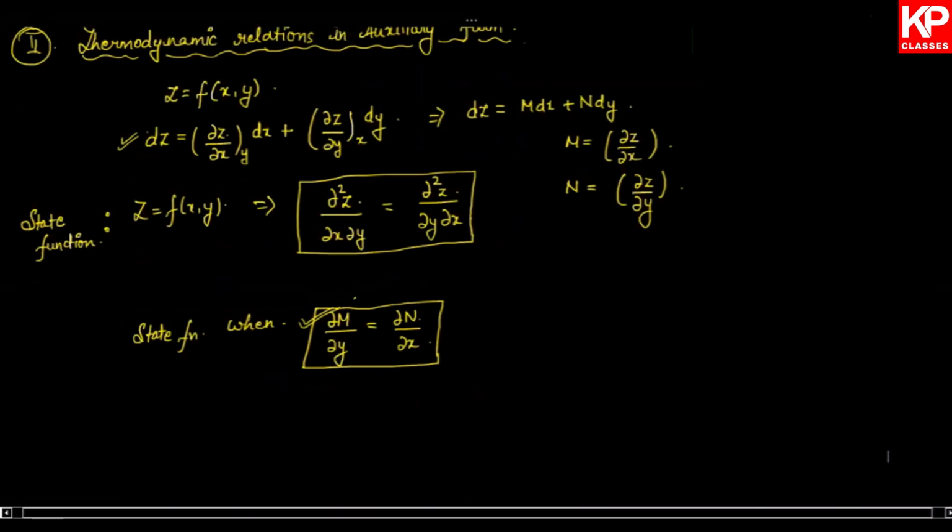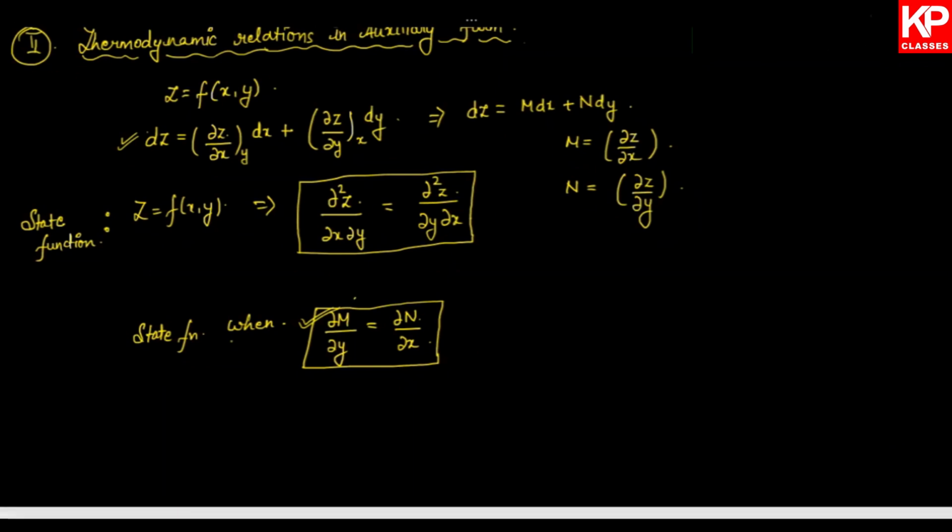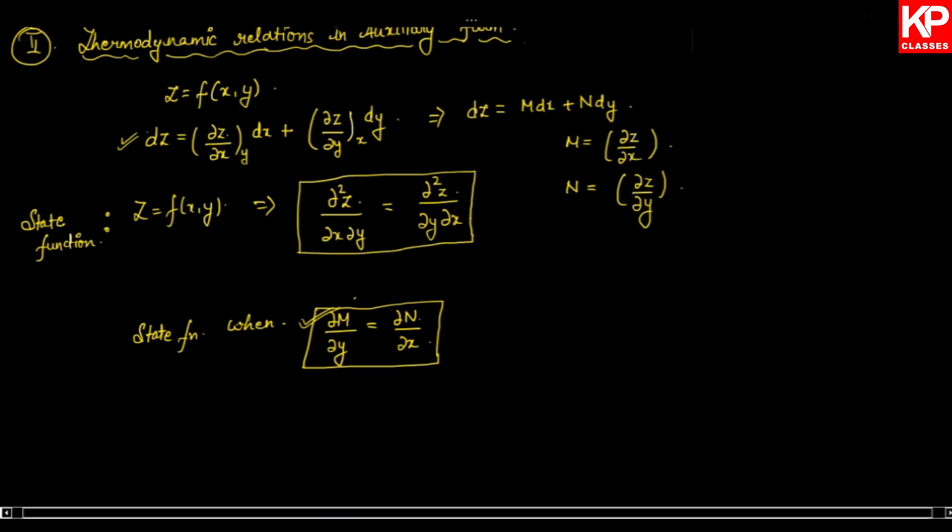Based upon this, this is basically the auxiliary relation that is being shown here. We will be using the four expressions that we have obtained earlier, 1, 2, 3, 4. We will convert them into the auxiliary form and derive the values based upon them. From the first expression, that was for dU, internal energy was given by TdS minus PdV.